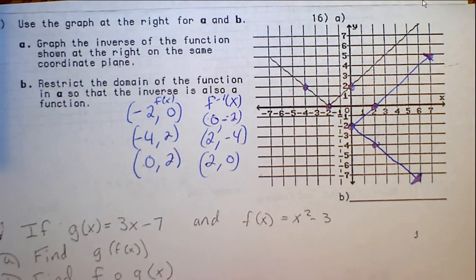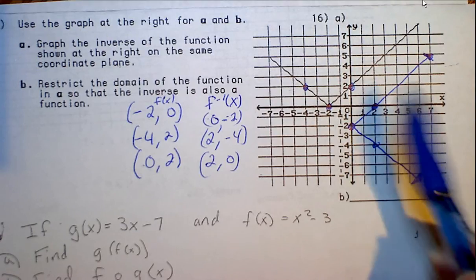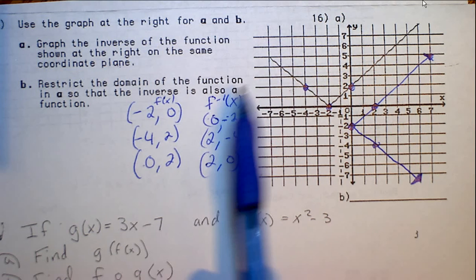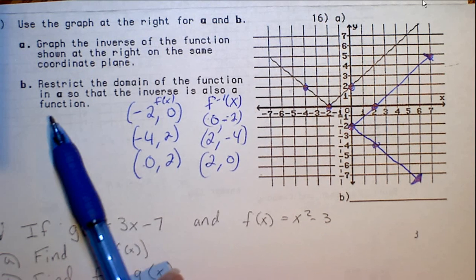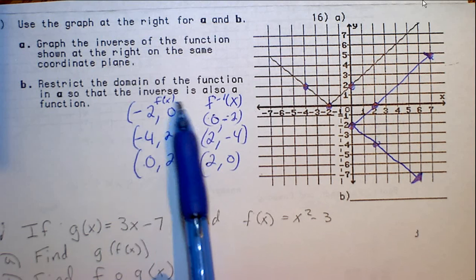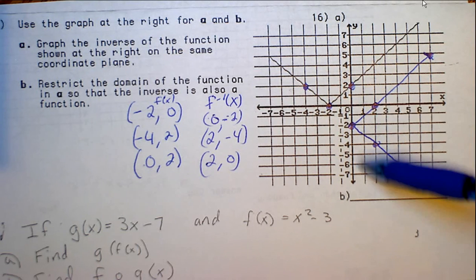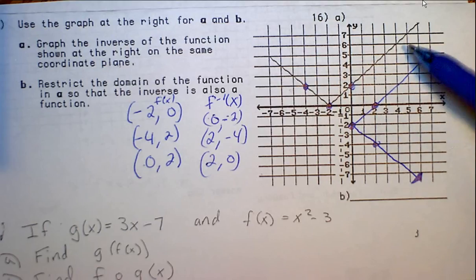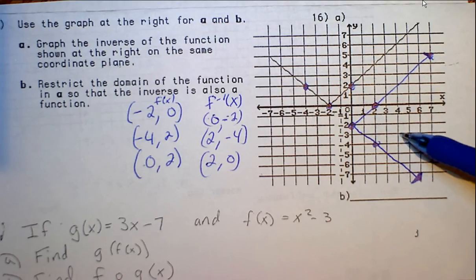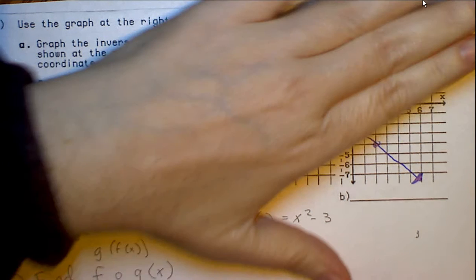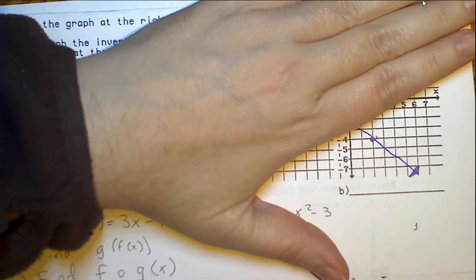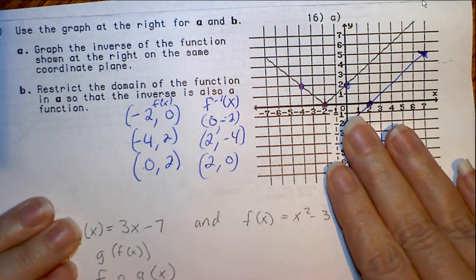B. B says restrict the domain of the function. So restrict the domain of this function in A so that the inverse is also a function, because remember this is not a function because it didn't pass the vertical line test. So we would like to get rid of part of it. So if we would get rid of either this part of it or this part of it, it would be a function.